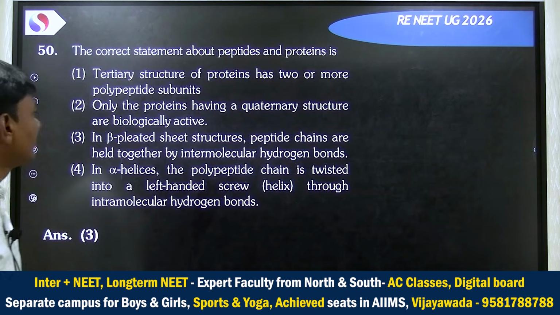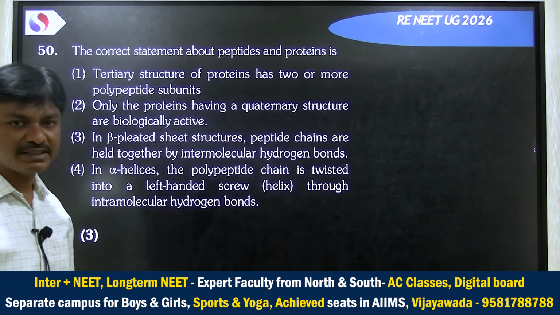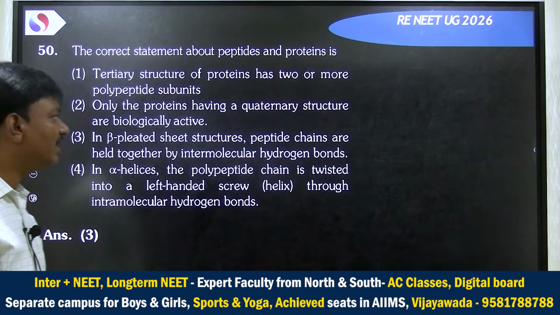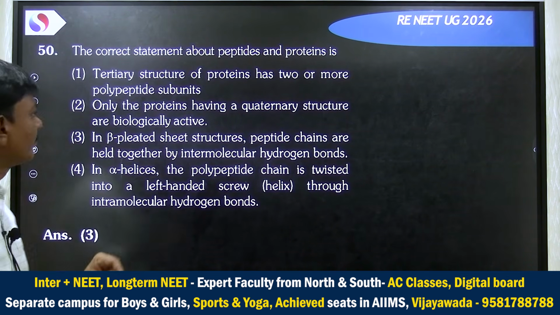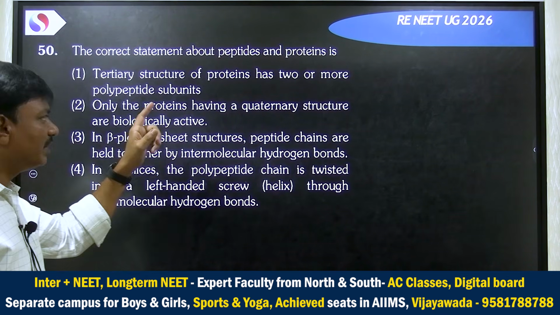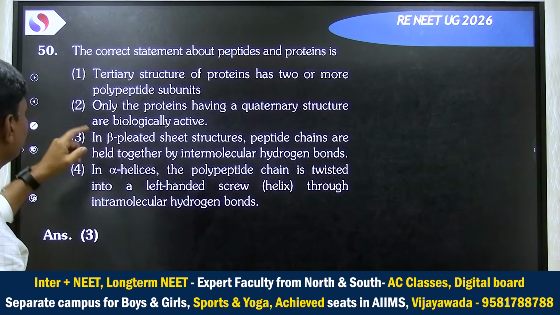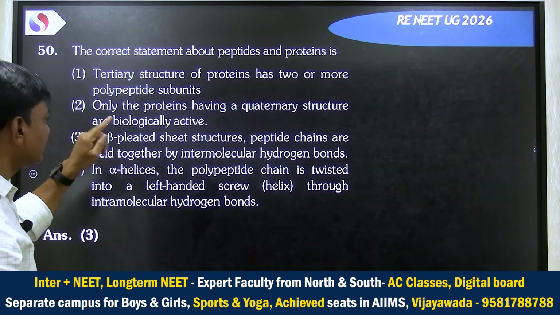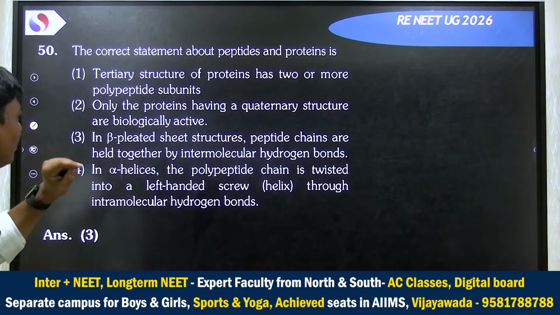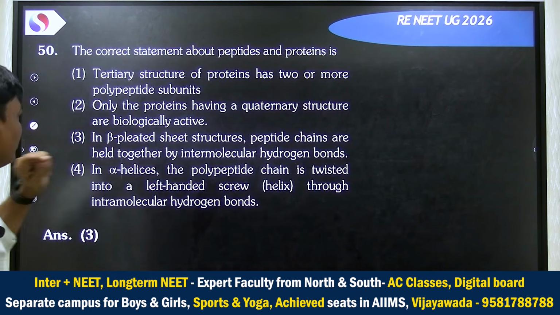50th question. The correct statement about peptides and proteins. It is from biomolecules. It is a completely concept based question. First one is: tertiary structure of proteins has 2 or more polypeptide subunits.